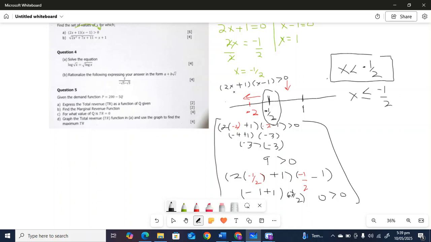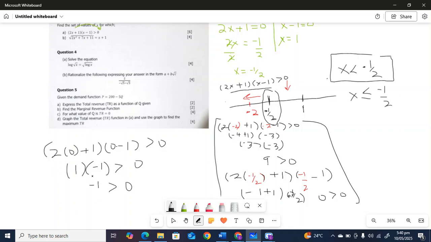If you substitute 0 back into this original inequality, 2 open brackets 0 plus 1, we just substituted 0 for x, 0 minus 1, 2 times 0, that is 0, 0 plus 1, that is 1, 0 minus negative 1, that is negative 1, negative 1 times 1, that is negative 1.